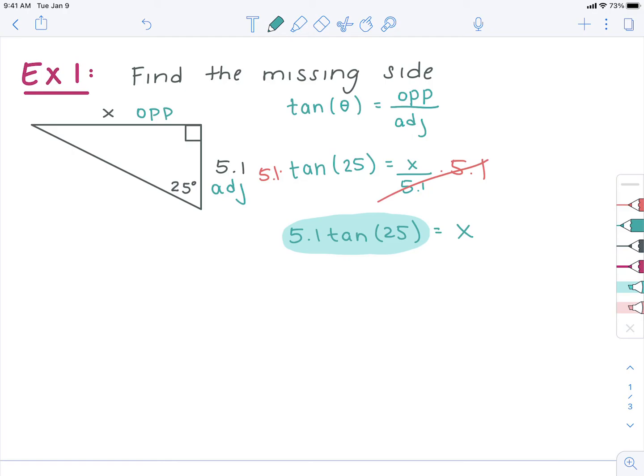What do we get? We're going to round it. We'll cut it off at one decimal place. So we don't need to use the whole entire thing. And when we do that, 2.3, 2.4. 2.4. We agree?